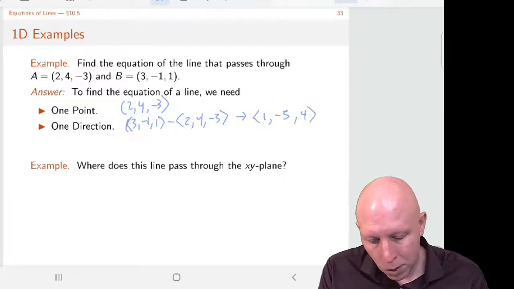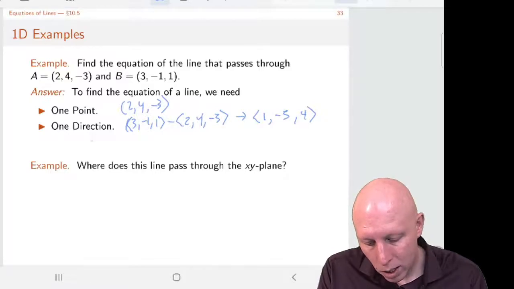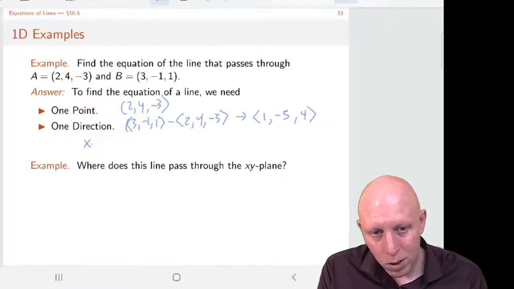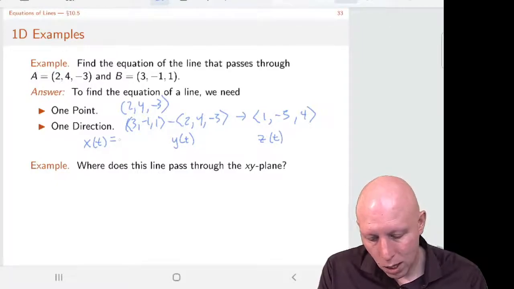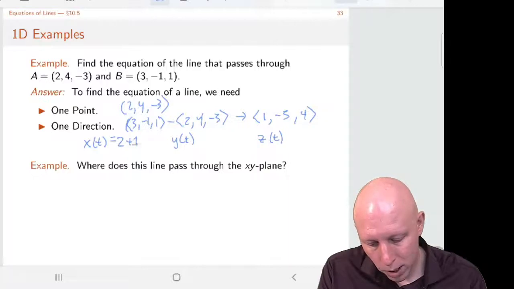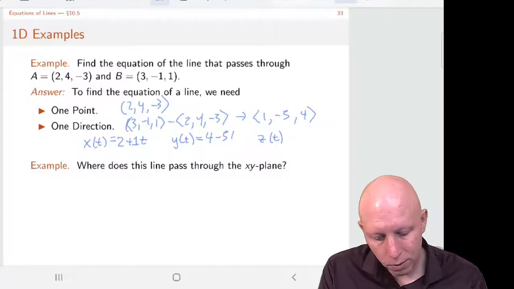And so the equation of the line would be, remember this is a parametric equation, so we need to have an x, a y, and a z. So x of t would be 2 plus 1t. y of t is 4 minus 5t.